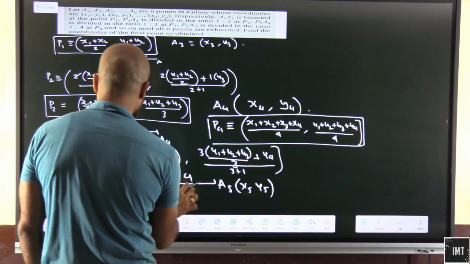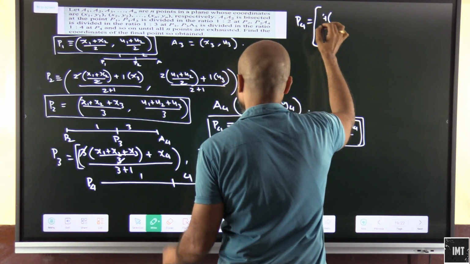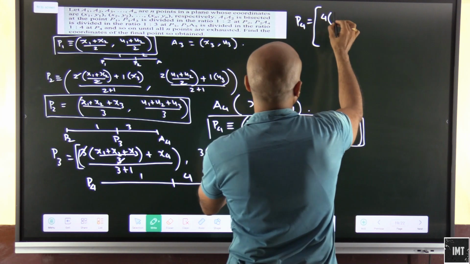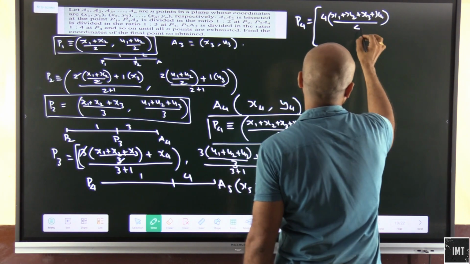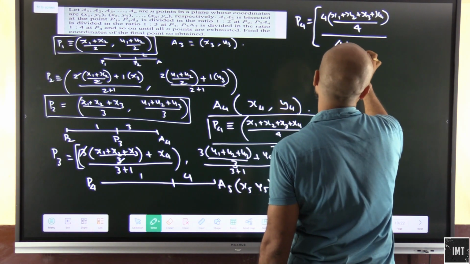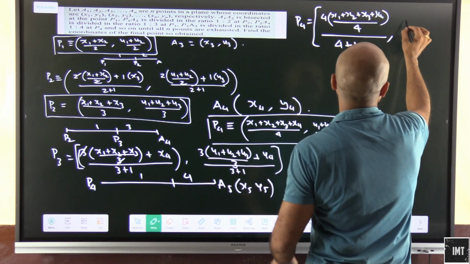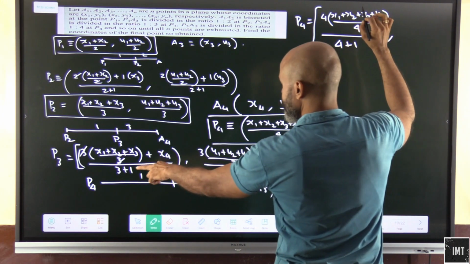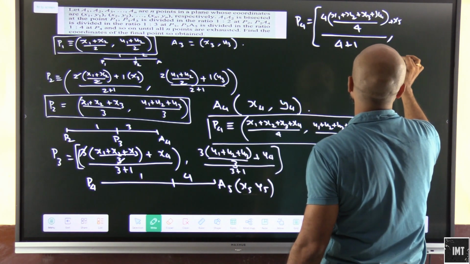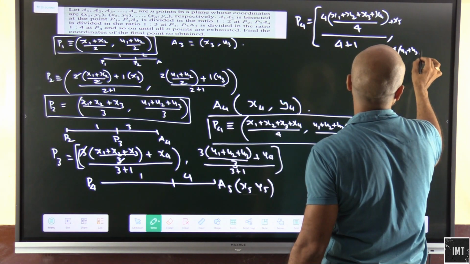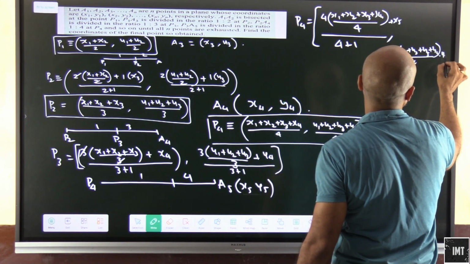So p4 will have coordinates 4 into (x1 plus x2 plus x3 plus x4 upon 4) plus 1 into x5, upon 4 plus 1, and similarly 4 into (y1 plus y2 plus y3 plus y4 upon 4) plus 1 into y5, upon 4 plus 1.